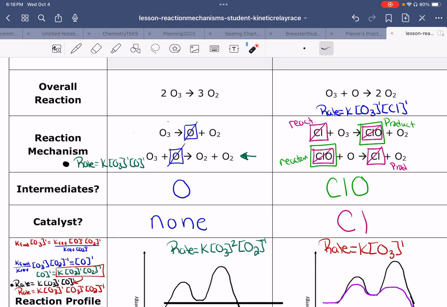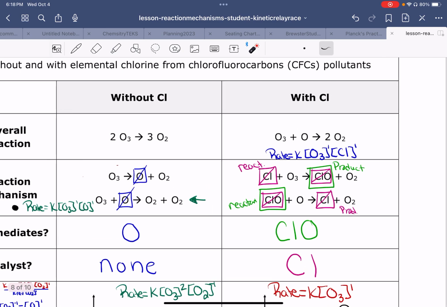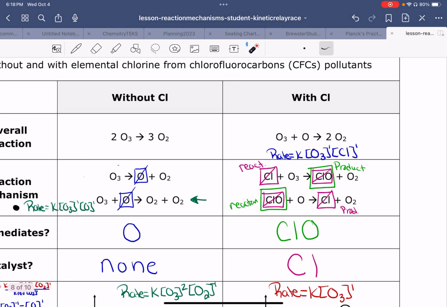I don't have any that are product, or sorry, reactant, product. So I have no catalyst. When I look at this one over here, I have ClO here, ClO here.